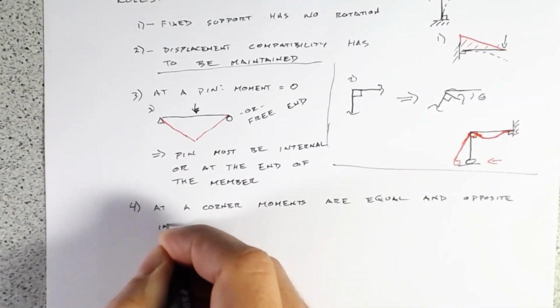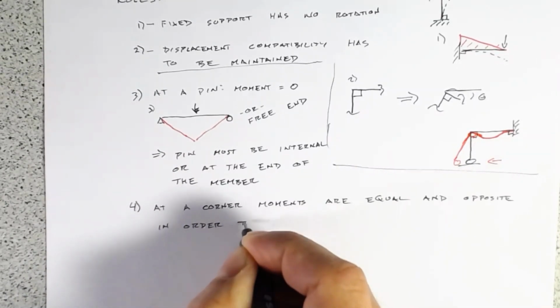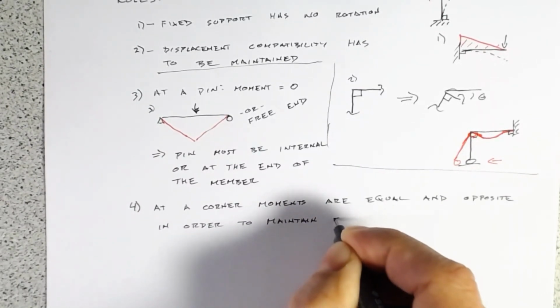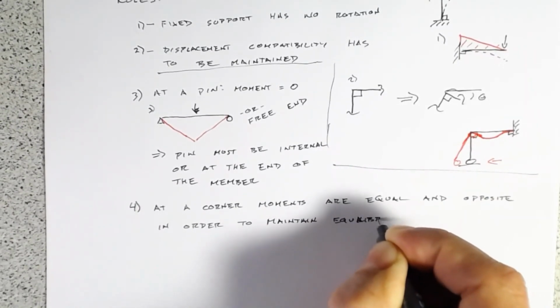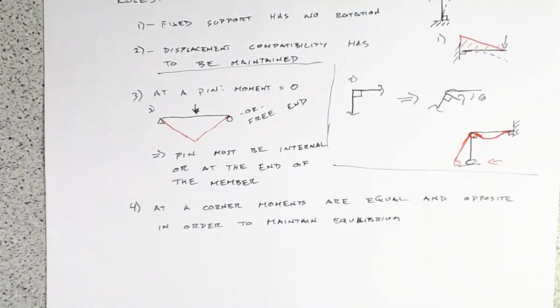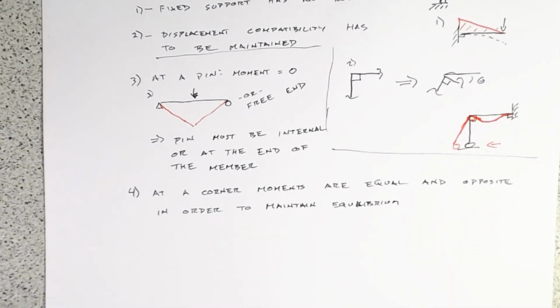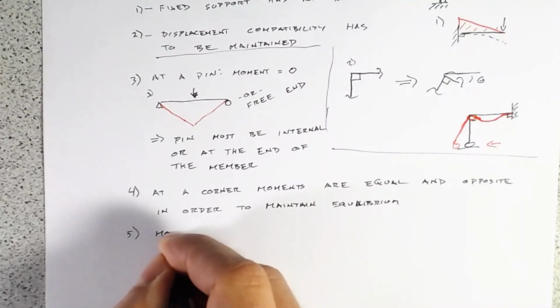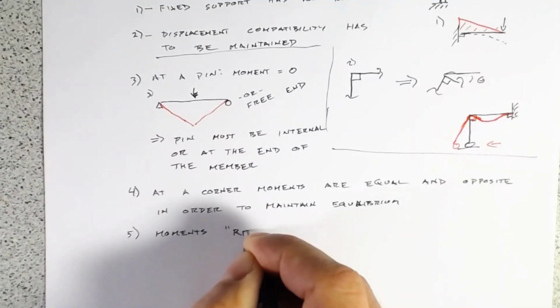And that is in order to maintain equilibrium. This is really Newton's third law. And then the final one, and then I'll show a little example for both 4 and 5, is that moments reverse.